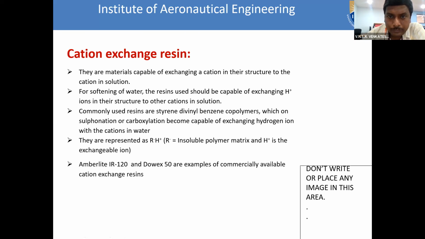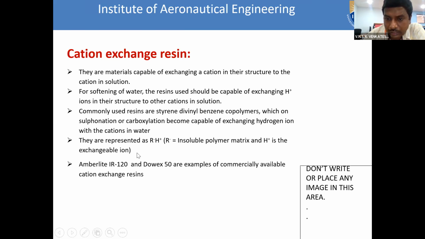The general representation of these cation exchange resins is RH, where R has a negative sign and H has a positive sign, because these H+ ions have the ability to exchange the cations from the sample of water. Here R is the insoluble polymer matrix and H+ is the exchangeable ion.